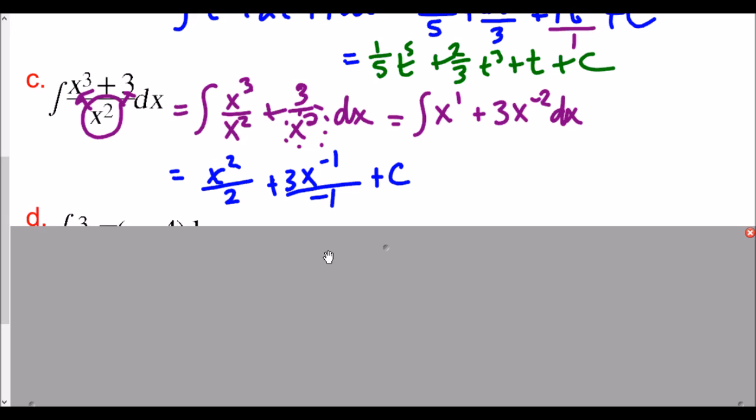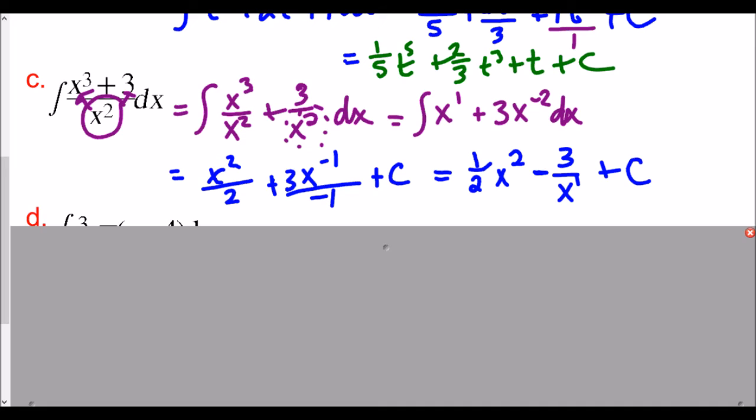And then we can simplify this one, so our final answer, you can write it as x squared over 2, or you can rewrite it as 1/2 x squared. Dividing by -1 will change our sign, so we'll have -3, and then the x to the negative 1 could move to the bottom. So over x to the first, which we don't have to write if you don't want to, plus c.